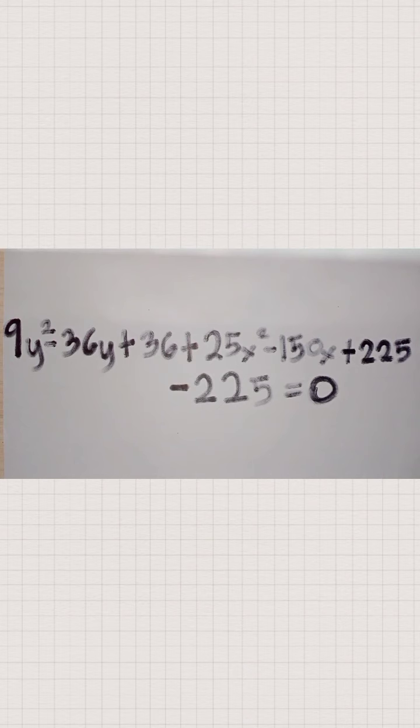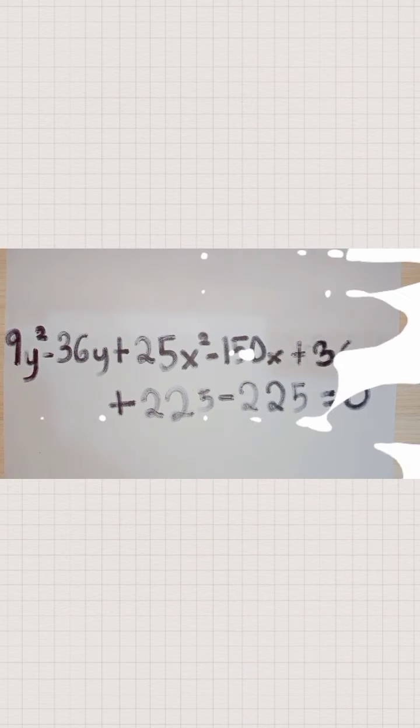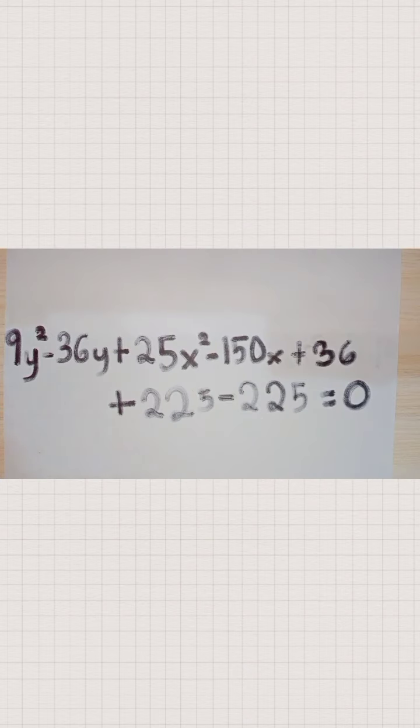So, in-arrange ko muna siya. Ang 36, nilagay ko na dito, dahil sinunod ko yung general form natin kanina, pinakita ko nung una. So, isi-simplify na natin.